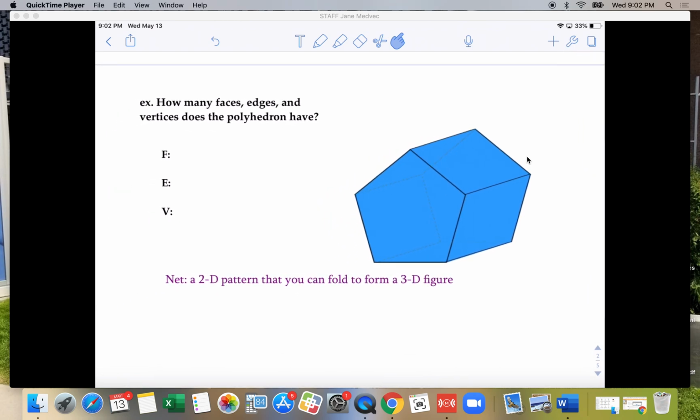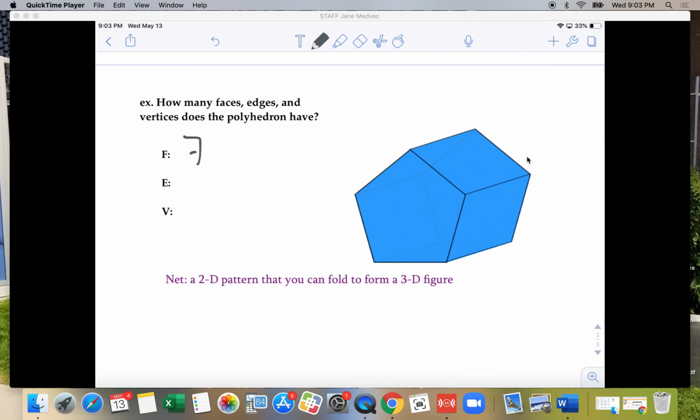As it's facing you, the front of it is a polygon, and that's a pentagon. There's a pentagon in the front and a pentagon in the back. Since that pentagon has 5 sides, the figure also has 5 sides going around the middle. So the front, the back, and the 5 sides make 7. So there are 7 faces.